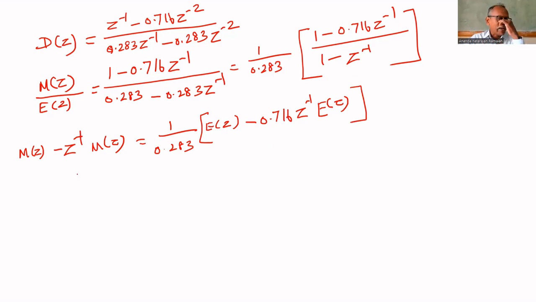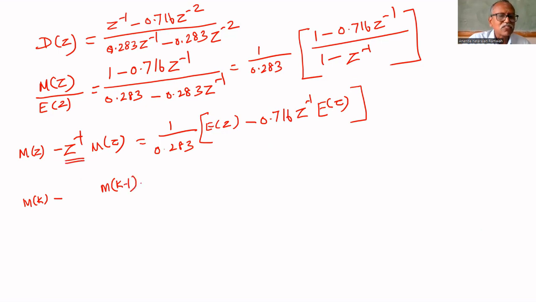If you write in time domain, that is the sampled value, M of z, if you take inverse z transform, you will get M of k minus, this is also M of k, but z power minus 1 means delay by one sampling period.